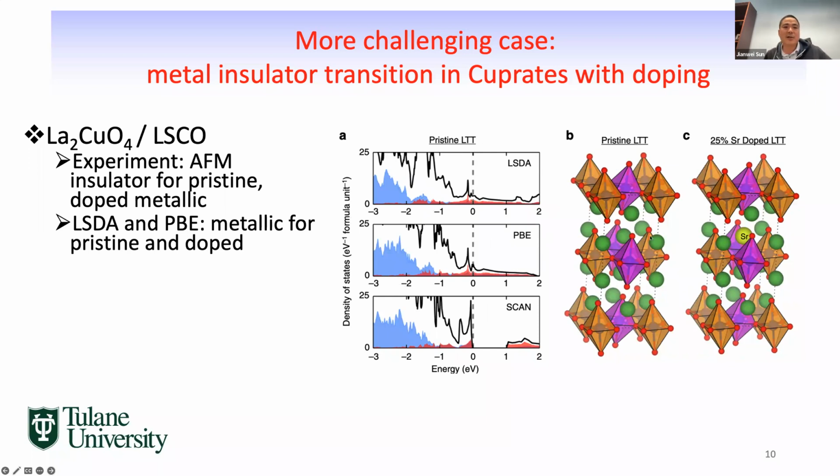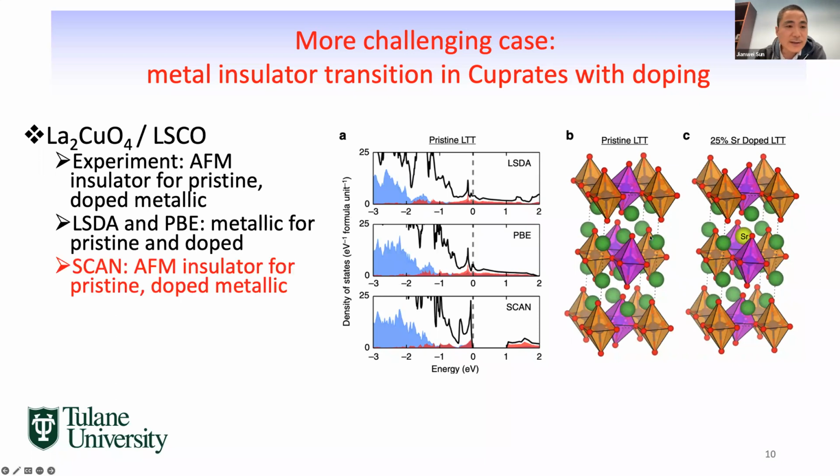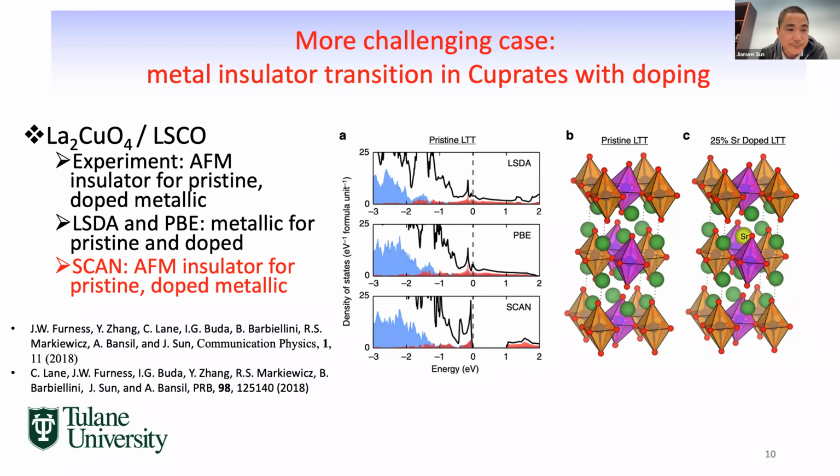It's qualitatively wrong. And then we found that SCAN actually opens the gap, all right? I will show in the next slide that SCAN also predicts this metal-insulator transition with doping correctly, and many other properties quantitatively accurate.